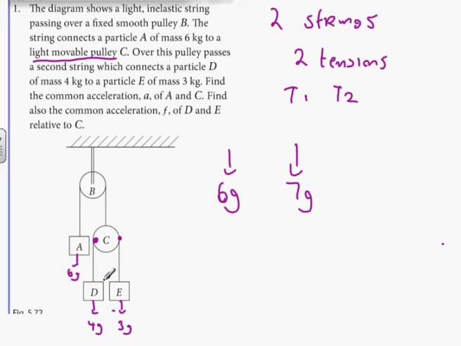But technically, if you look at this system in isolation, if you just look at this part here and pretend it's on its own, E goes up and D falls, doesn't it? Would you agree with that?